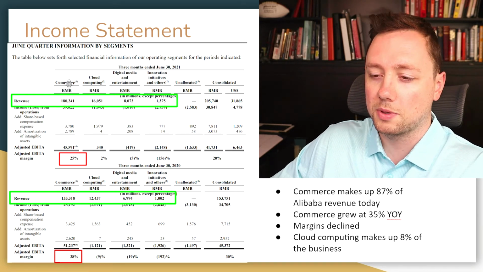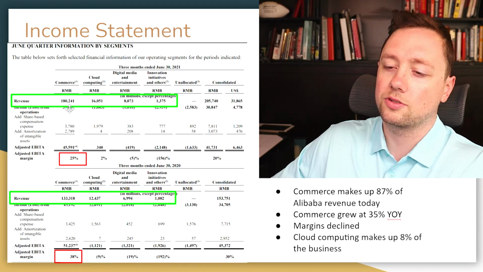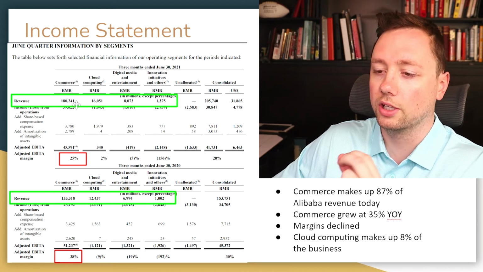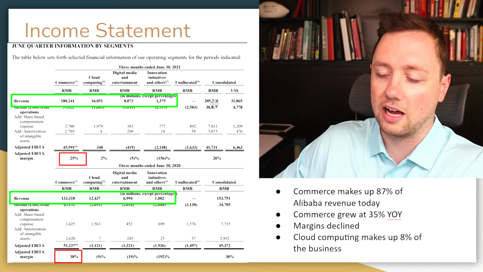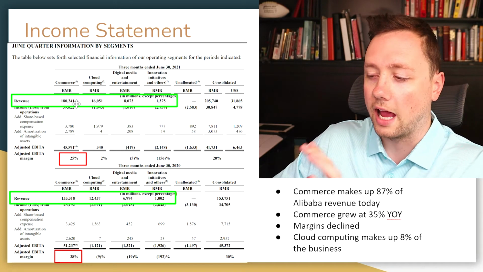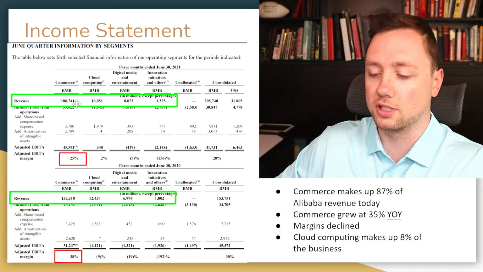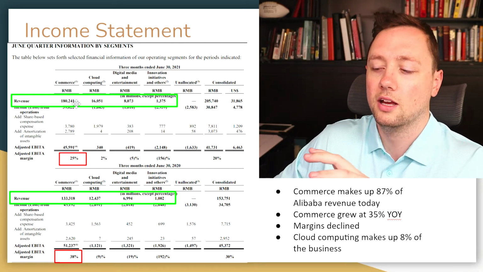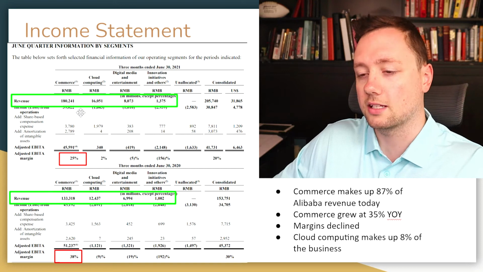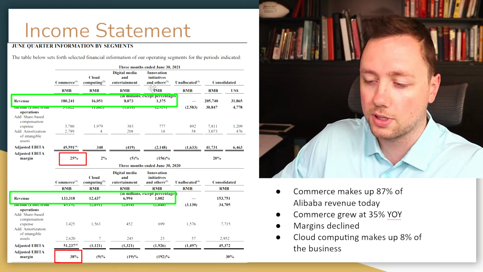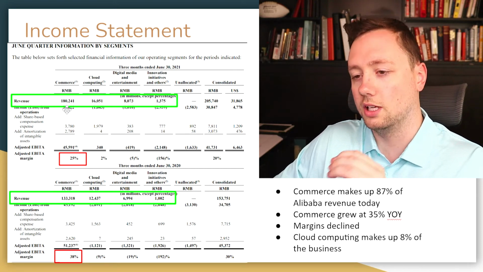So the first business segment here is commerce, and this represented 180 million RMB out of the 205 million RMB. So this represented 87% of Alibaba's revenue today is e-commerce. This company is an e-commerce company that is focused on e-commerce and makes up 87% of their revenue. They do have other business models here, but the majority here is e-commerce.